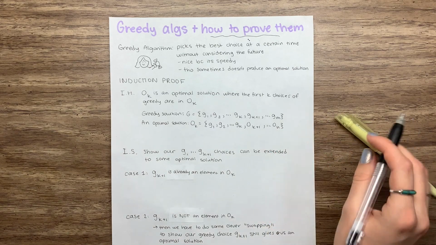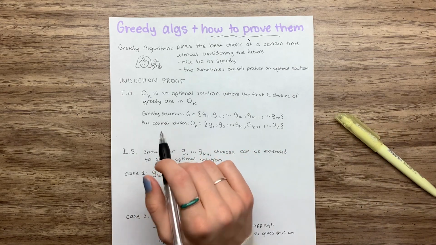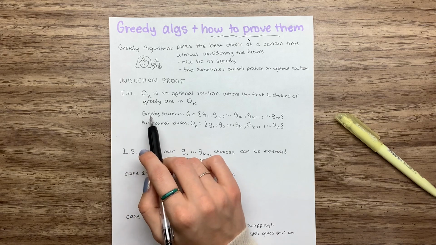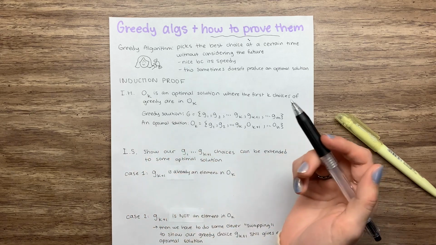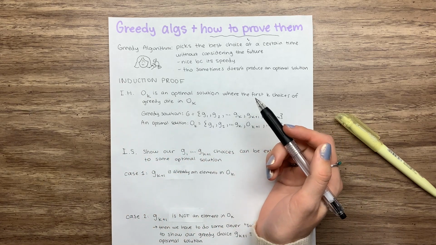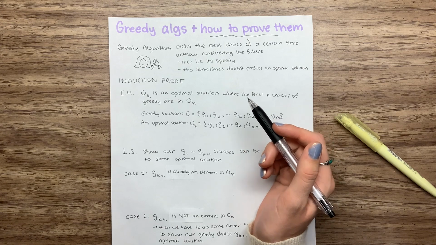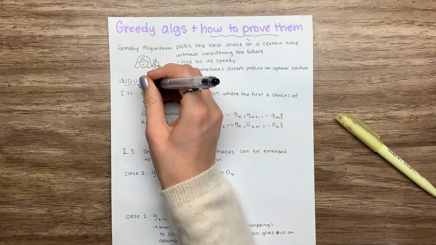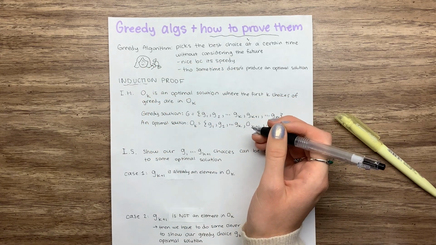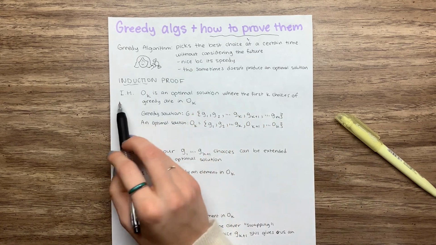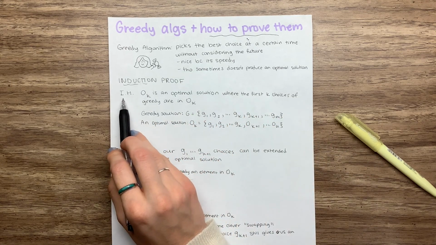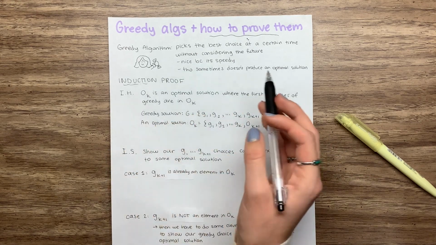Okay, so how do we prove that the greedy algorithm we've created will actually produce an optimal result? We're going to use induction, very exciting. Like all induction problems, we want to have an induction hypothesis.